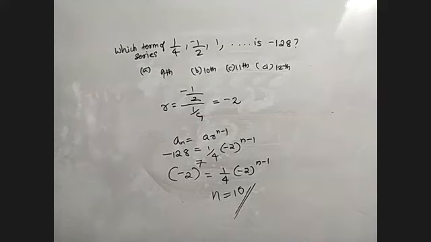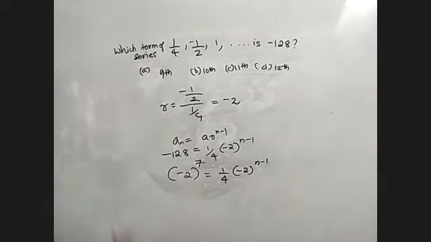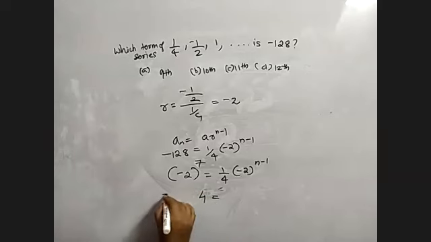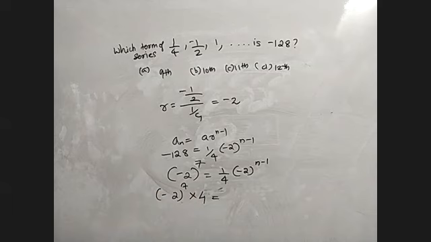Write down the next question. Just check from the option. But first you put 9. Or we can do like take this 4 to this side. So 4 into minus 2 raised to 7. Then also this is positive, no?